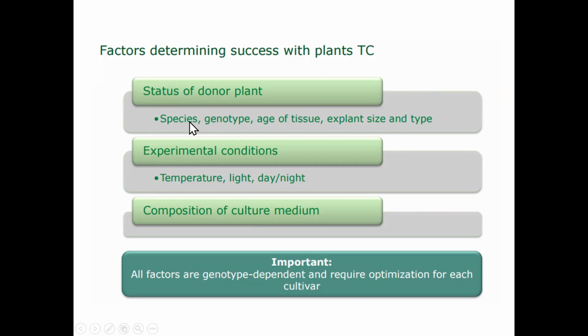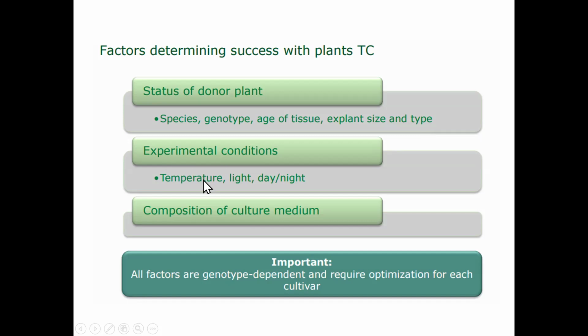Genotype, even within the species. For example, rice has 10,000 genotypes in our country, and not all genotypes are easy to culture. Age of the tissue, yes. The age of the explant you are using is very important. Younger is better. Explant size as well as type.